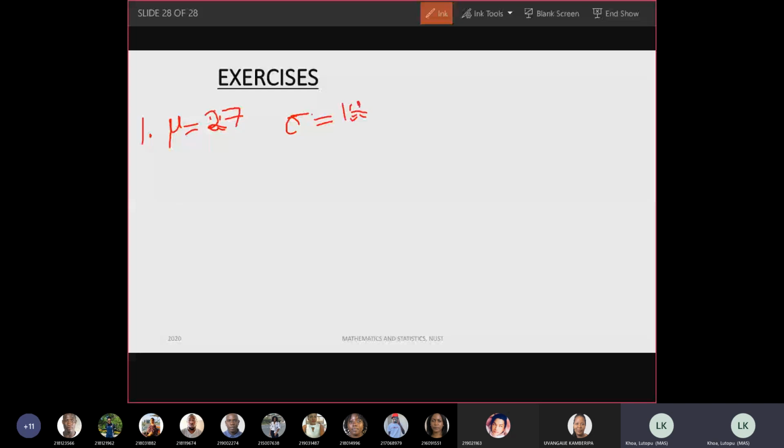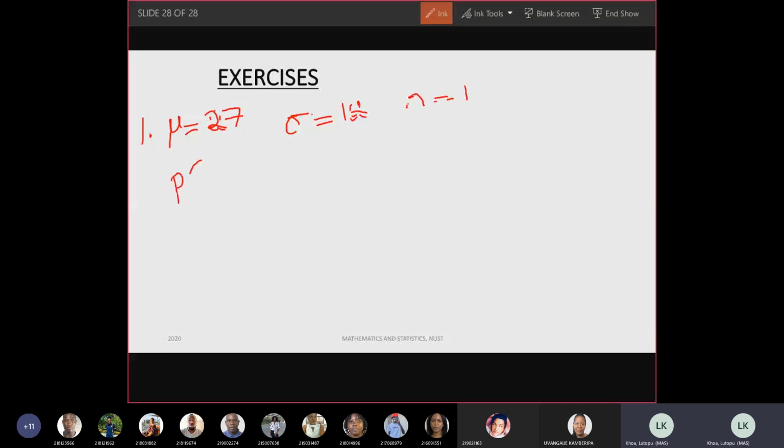Okay, then we have to find the probability that a randomly selected individual is more than 30 years. Okay, so here when you're talking about an individual, if it's an individual, this means that your n is equal to 1. Okay, so you have n is equal to 1.